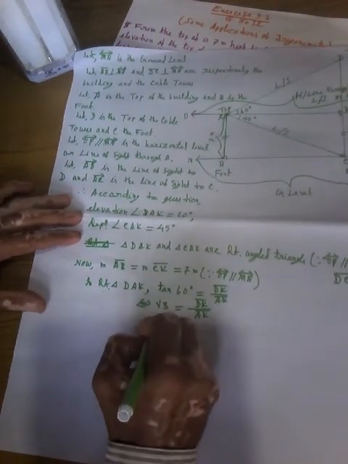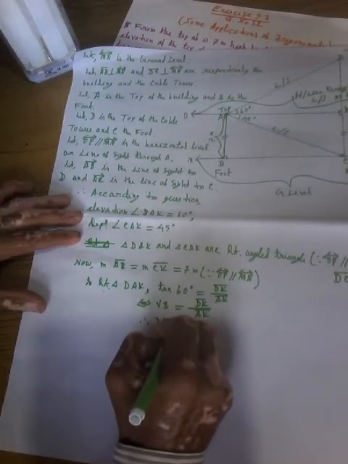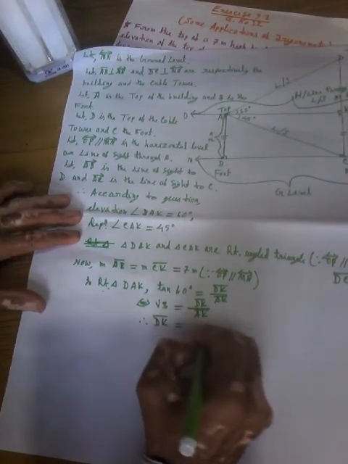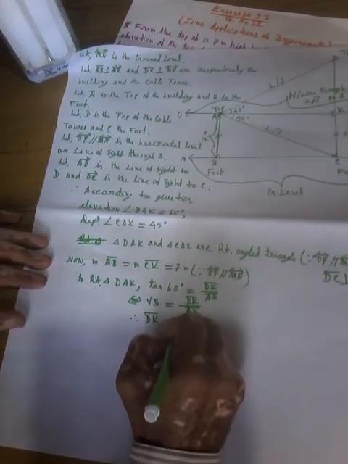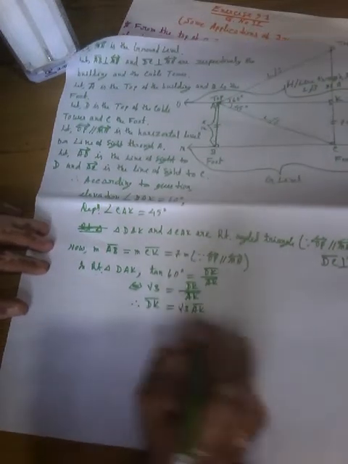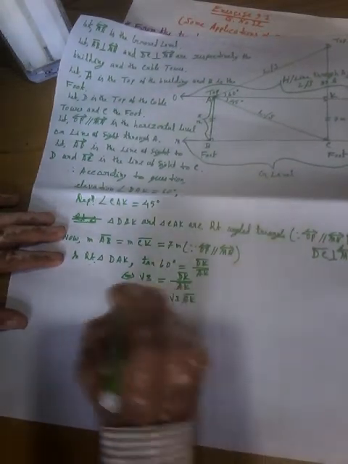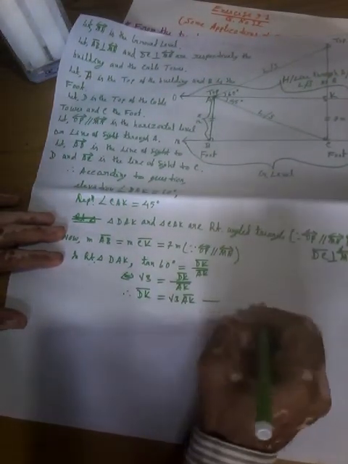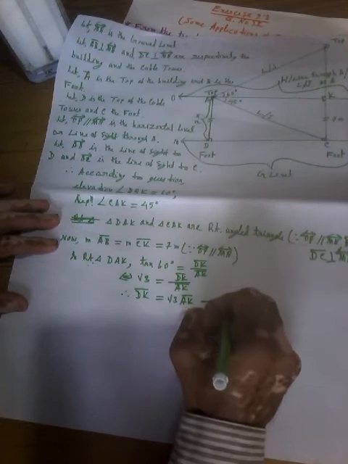Therefore, DK is equal to √3 AK. Let this relation be represented by 1.